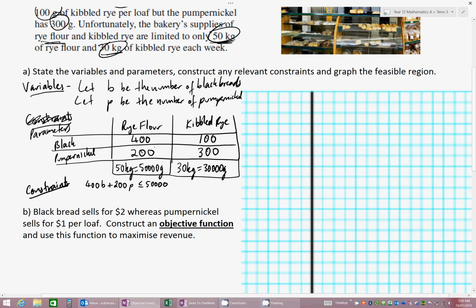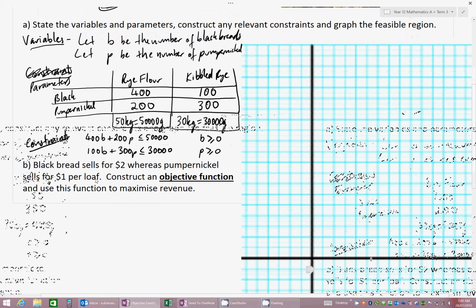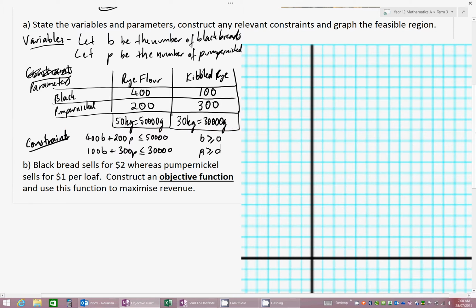So it's the rye flour condition. The kibbled rye condition is that 100B plus 300P can't exceed 30,000. I've also got 2 other really basic conditions, that B can't be less than 0 and P can't be less than 0. So got all these constraints: rye flour constraint, kibbled rye constraint, and just making sure that everything's positive constraint.